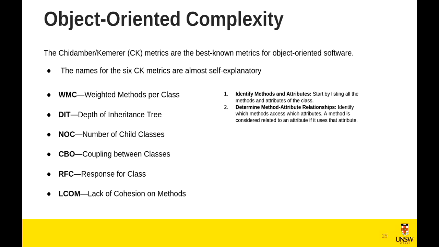A method is considered to be related to an attribute if the method uses that attribute. So after listing all the attributes and methods, we need to get the usage of the attributes by the methods. And after that, we can evaluate pairs of methods.